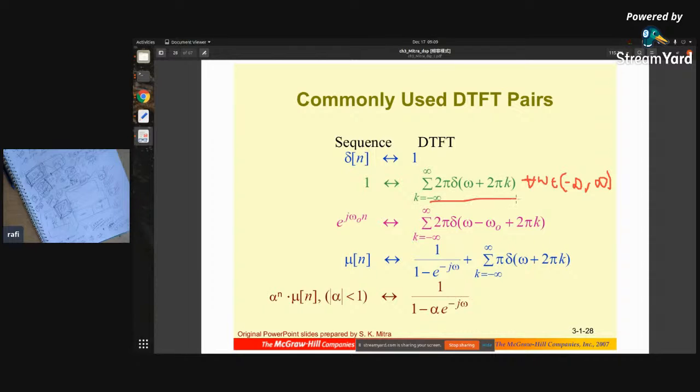What is the equation for omega varying from minus pi to pi only? It is only 2 pi into delta of omega, where 2 pi is a constant and omega belongs to minus pi to pi.